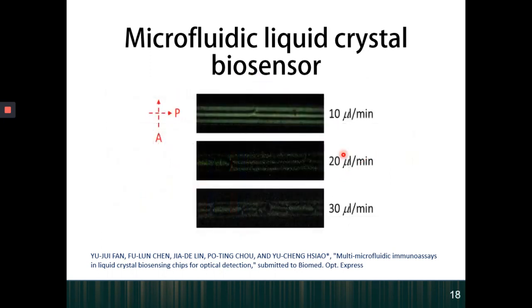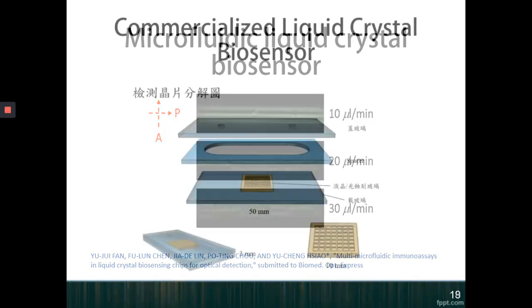Okay, and these are different flow rates inside the channel. You can observe that if your flow rate is too high, it is hard for the liquid crystal to align well inside the channel. So we considered the flow rates here, and observed that the best flow rate was 10 microliters per minute for these microfluidic liquid crystal biosensors.